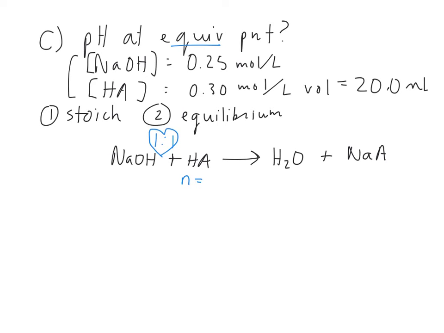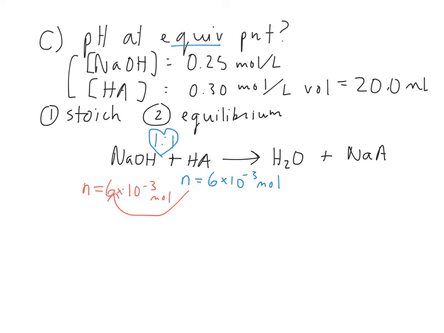So my concentration is 0.3, my volume is 0.02 liters, okay? So my molar amount of my acid is 6 times 10 to the power negative 3 moles. We've seen that number before, okay? So the equivalence point means I have added exactly the same number of moles of base, again, because it's 1-to-1.